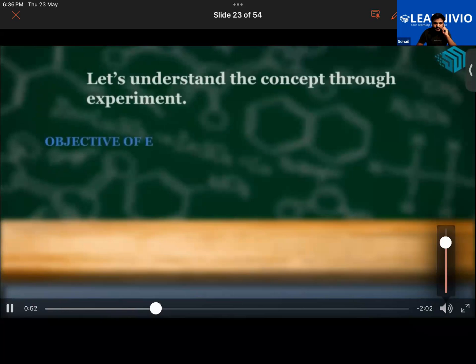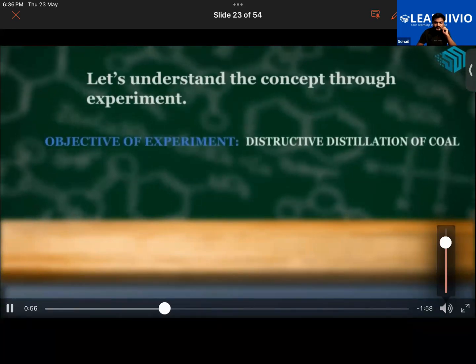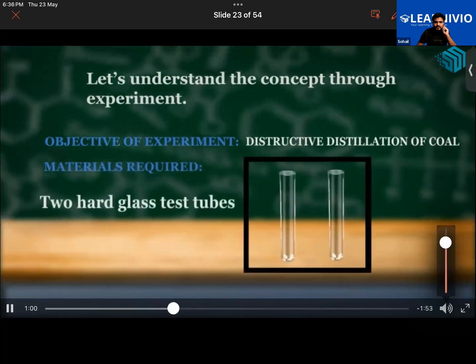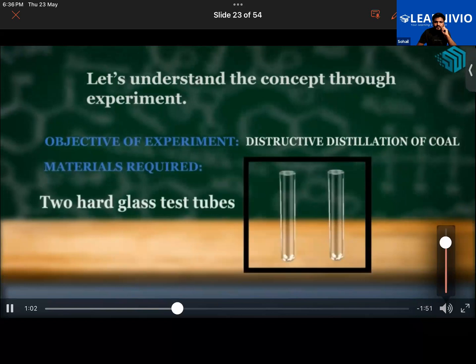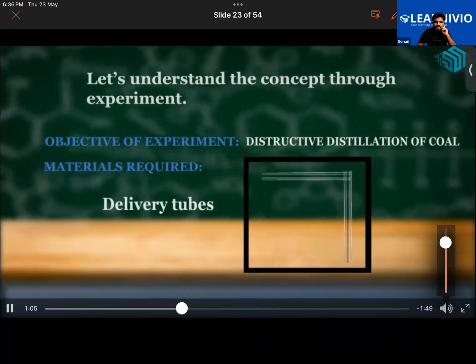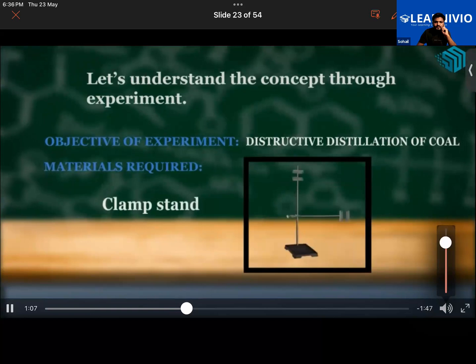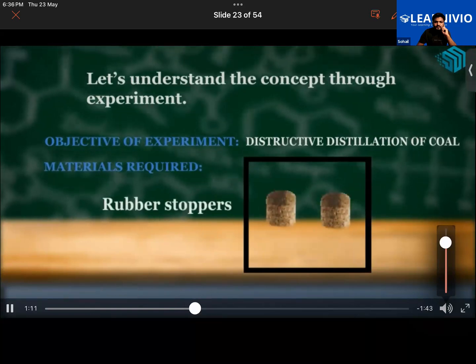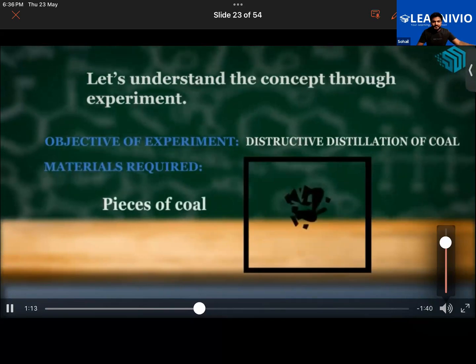The objective of the experiment is destructive distillation of coal. The materials required are two hard glass test tubes marked A and B, delivery tubes, clamp stand, burner, rubber stopper, pieces of coal and water.